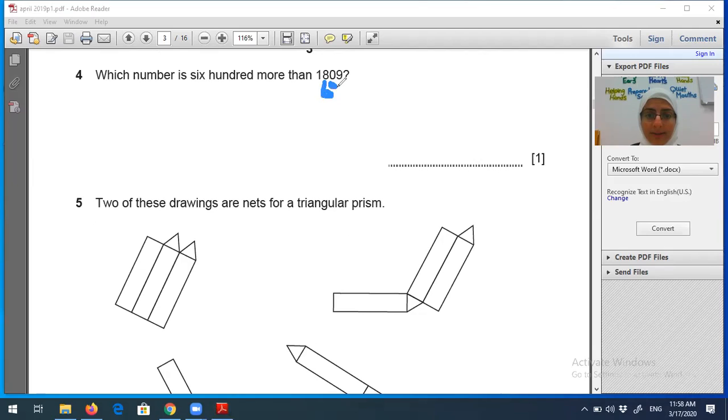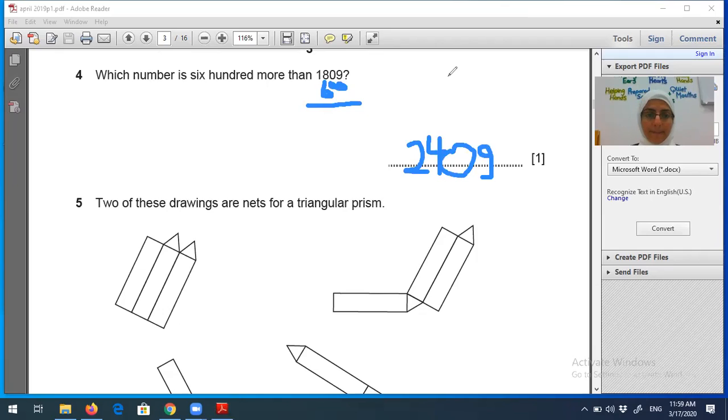Add the 600 and just give the answer. When you add them, the answer will be 2,409. If there is any question after I give you the model answer, still you can't get it a little bit, simply just ask me on WhatsApp and I'm going to answer you dear.